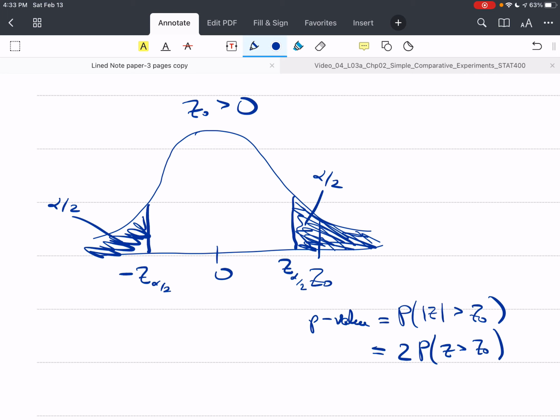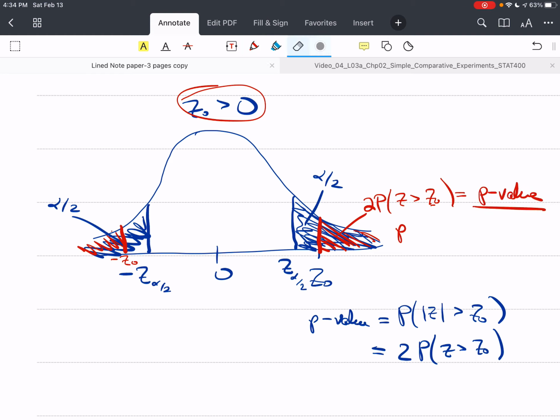So if this is z naught, then the area above z naught would be less than alpha over 2, and 2 times that would be less than alpha. This is for z naught greater than 0. So this area would be the probability that z is greater than z naught, and 2 times this is equal to the p-value.